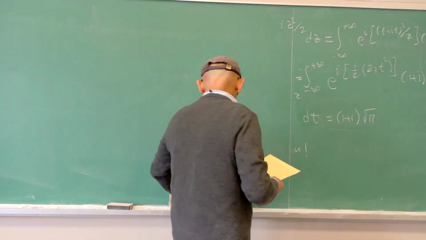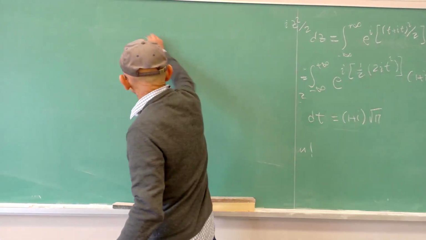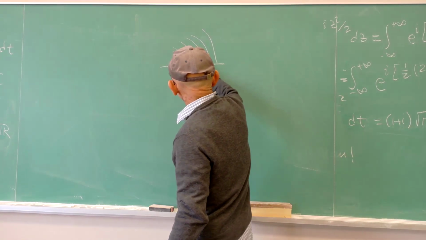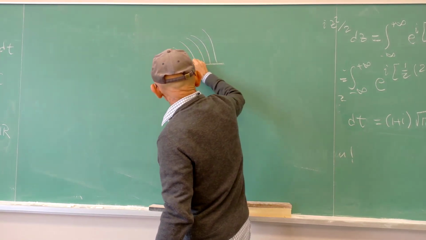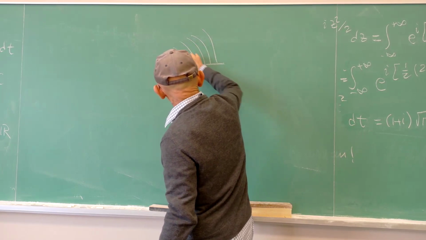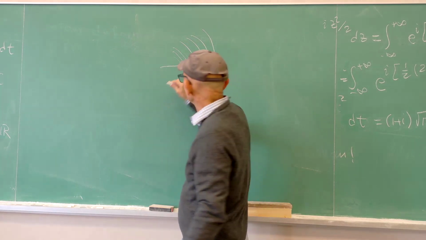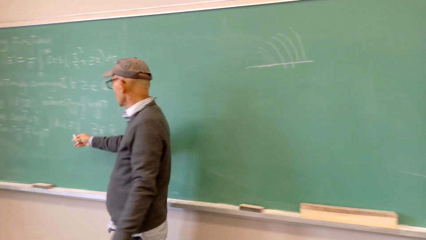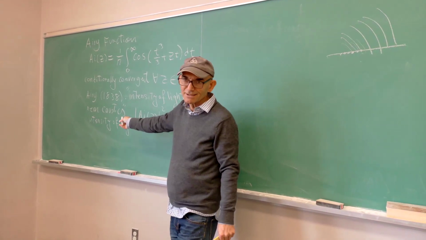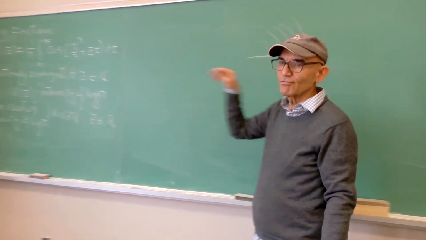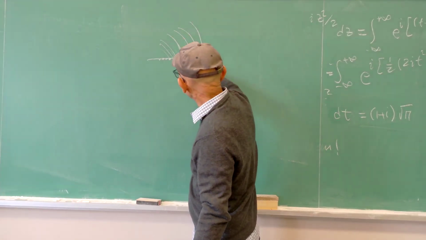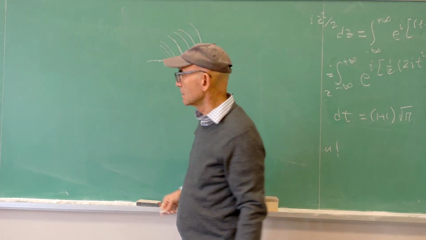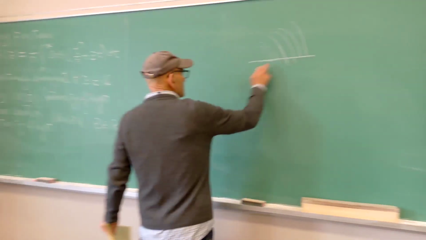After the visible range, there are some other lines that come, and there are some dark spots. Those dark spots, according to Airy, correspond to zeros of the Airy function for z negative. And these are the intensity of light near the caustic. So this is the caustic, for example.